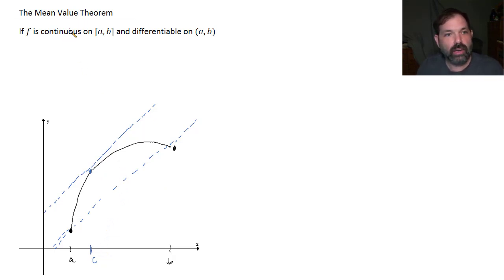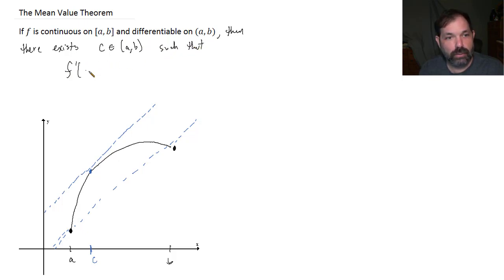So the mean value theorem says if f is continuous on a closed interval and differentiable on the open interval a comma b, then there exists c on the open interval a b such that f prime at c is equal to f of b minus f of a over b minus a, such that the instantaneous rate of change is equal to the average rate of change.